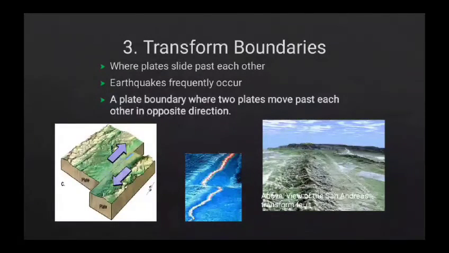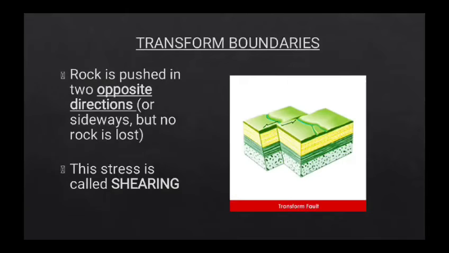At transform boundaries, rock is pushed in opposite directions or sideways, but no rock is lost. So, kahit na nag-push sila sa opposite direction, hindi nawawala yung mga rocks, nakadikit pa rin. So, this stress is called shearing.